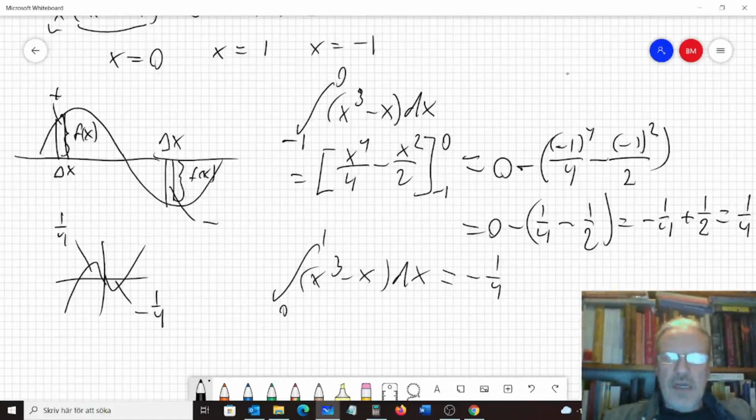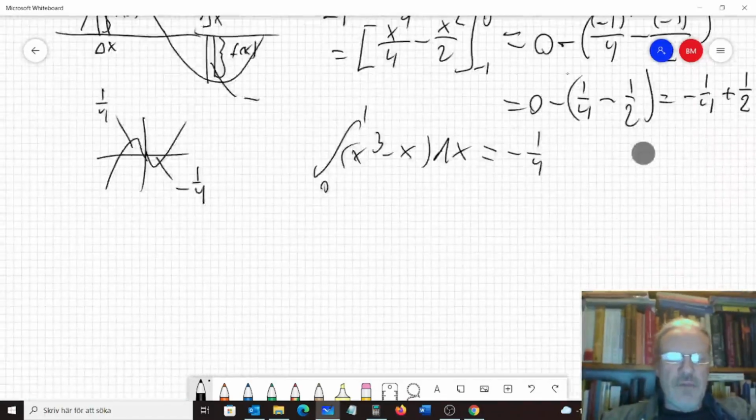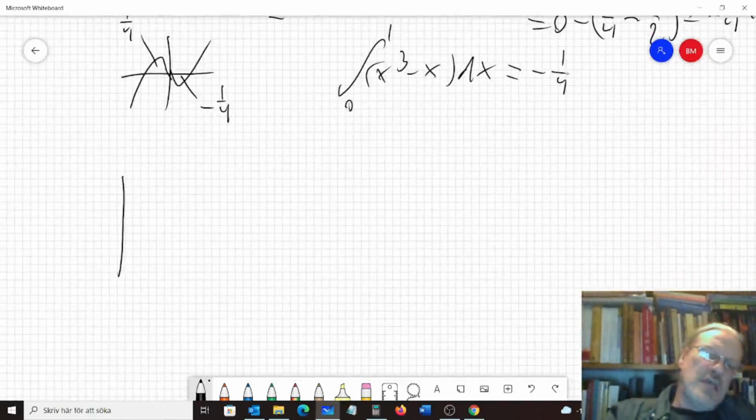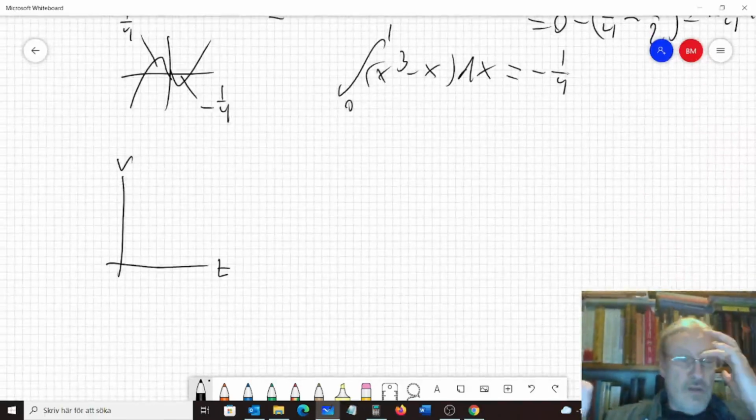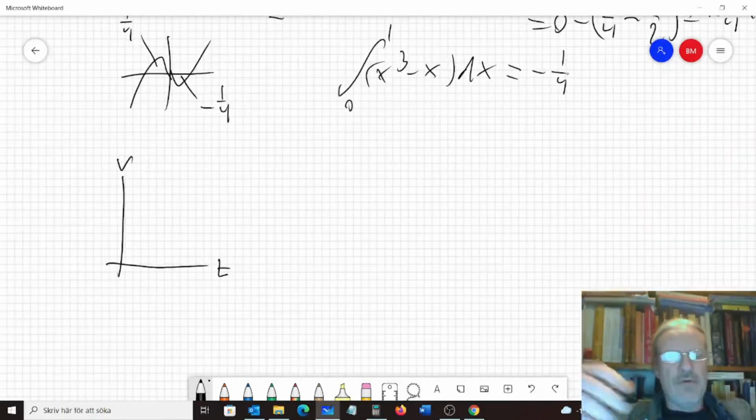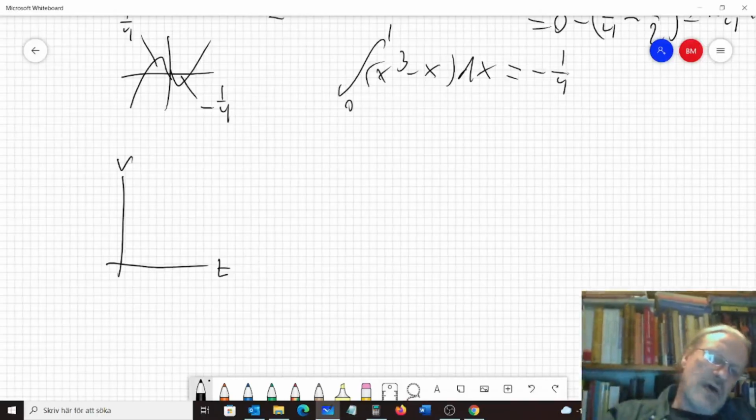And this actually does make sense if you think about, for example, physics. If you have a v-t diagram, hopefully you know that the area under a v-t diagram, or under the curve, is the displacement. And say you have a motion that looks like this.